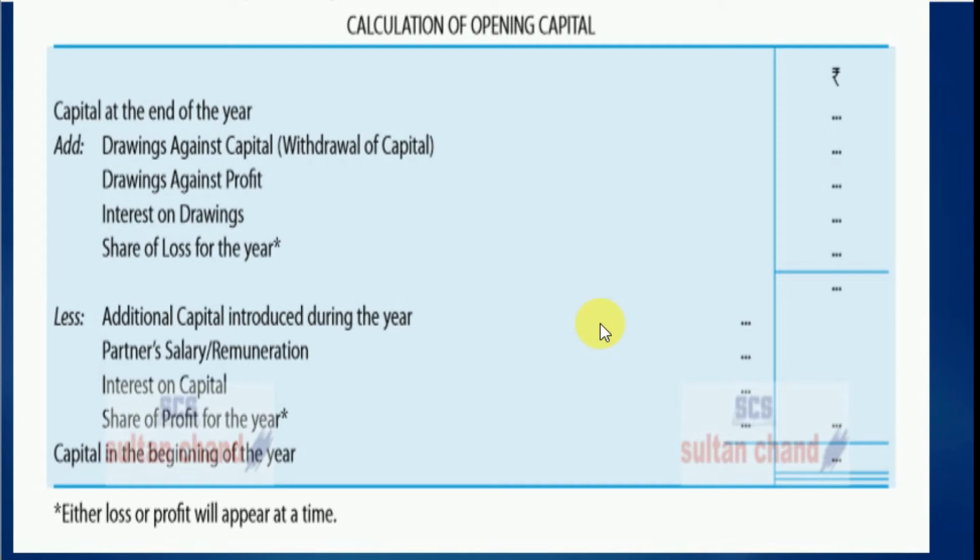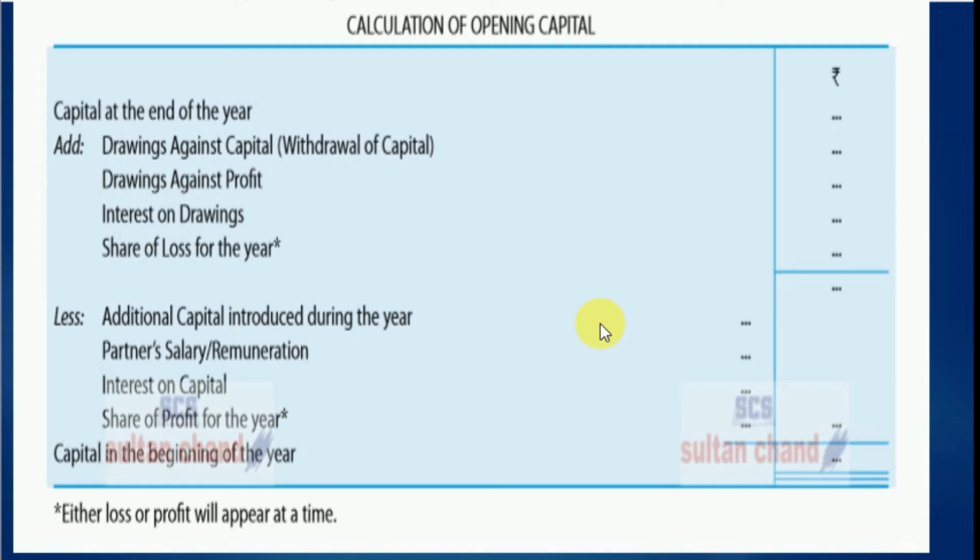But here, when only the closing capital of the partners is mentioned in the question, how will we find out the interest on capital, because interest on capital is only calculated on the opening capitals of the partners? So we will do one thing to find out the opening capital, that is backward calculation.